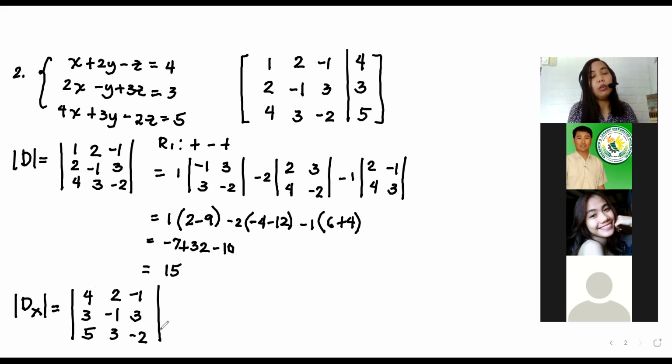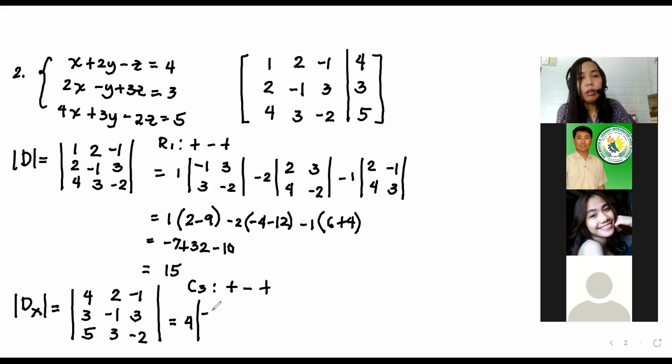Okay. So I will choose column 3. For column 3, positive, negative, positive. So we will have 4. May matitirang -1, 3, 3, -2.